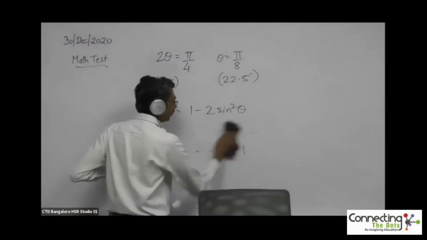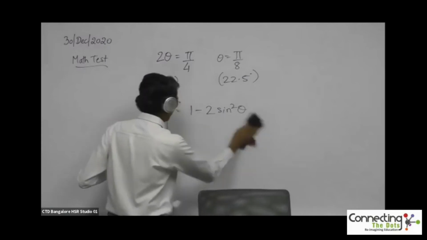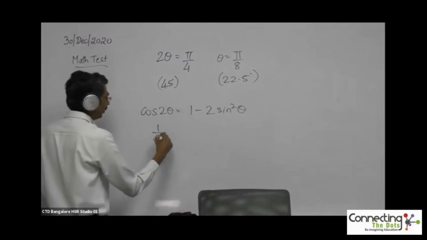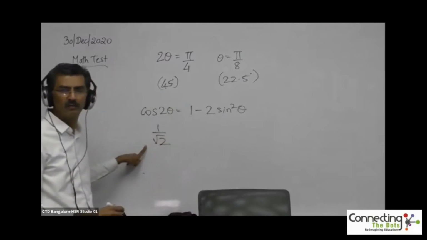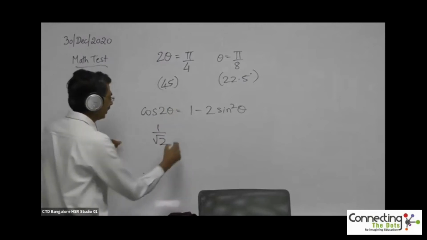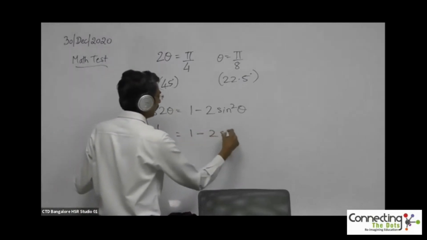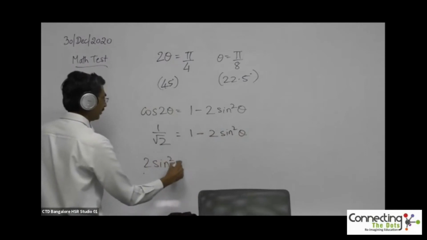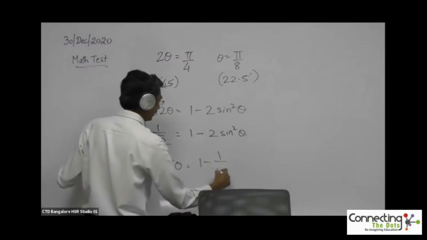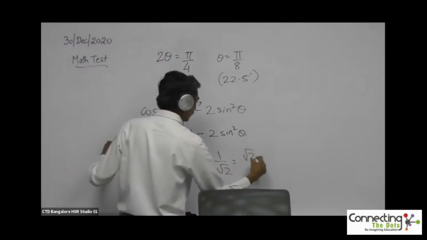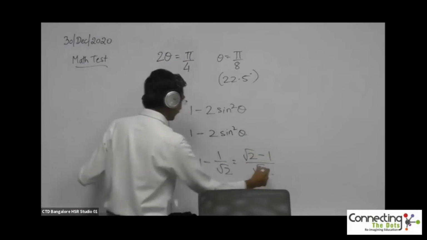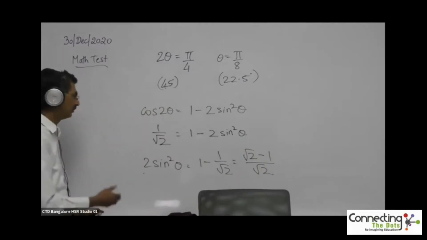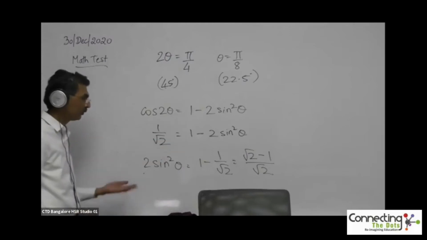So having picked this particular form, cos 2 theta is 1 by root 2. Is that right? Cos 45 is 1 by root 2. That is 1 minus 2 sine square theta. So 2 sine square theta becomes 1 minus 1 by root 2, something like that, right? So far, is that okay?